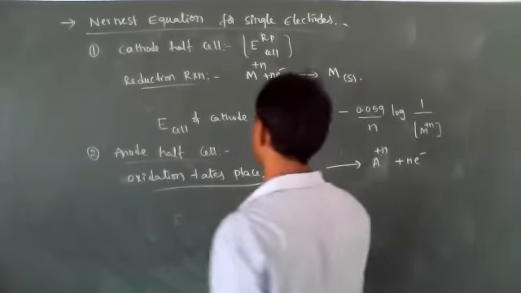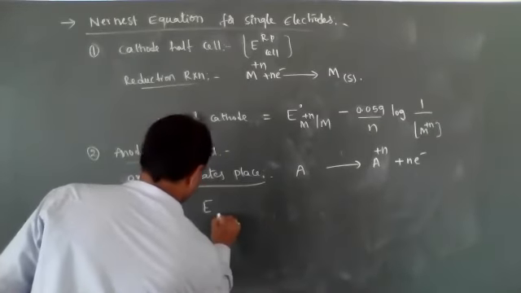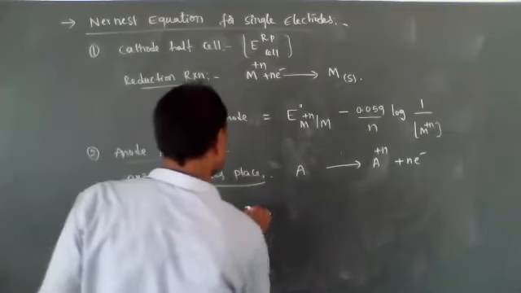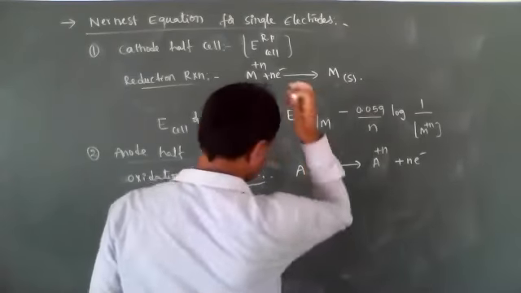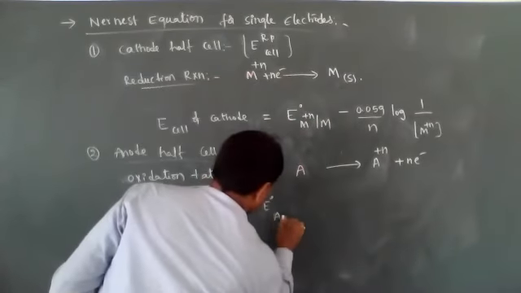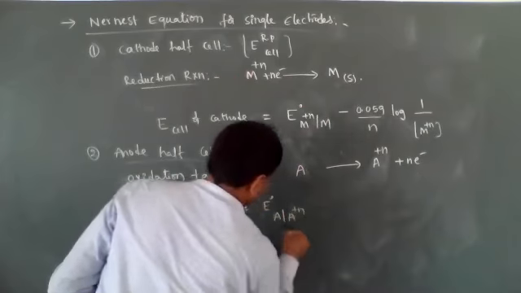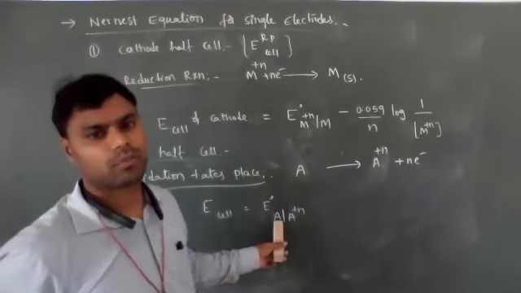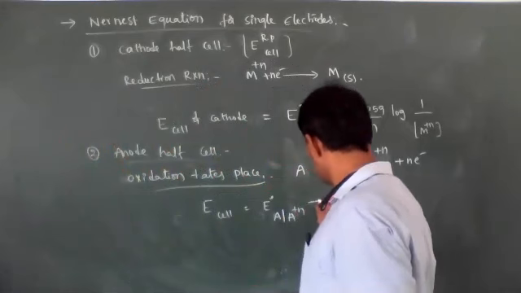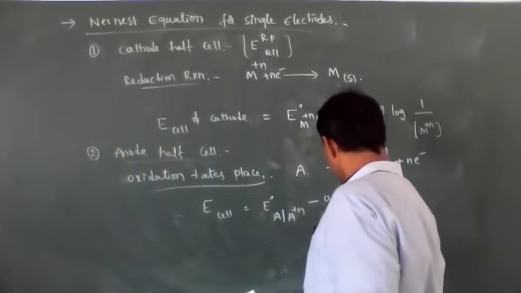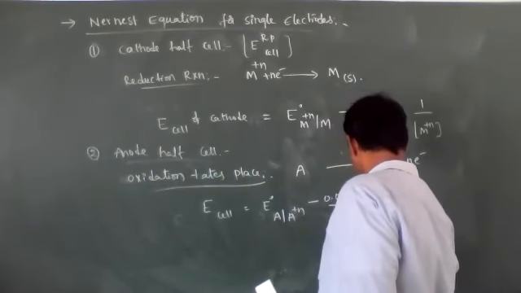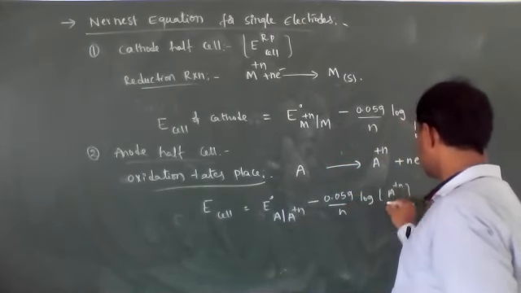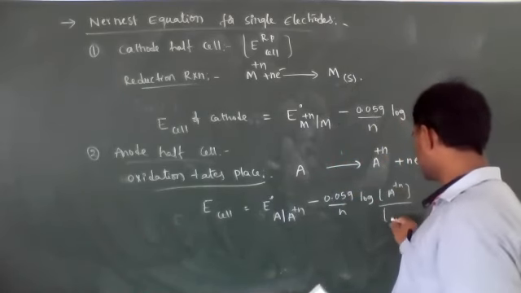In that case, the electromotive force of the cell is equal to E0 of A by A n plus, meaning oxidation potential, minus 0.059 by n into log of concentration of products by concentration of reactants, which is equal to 1.